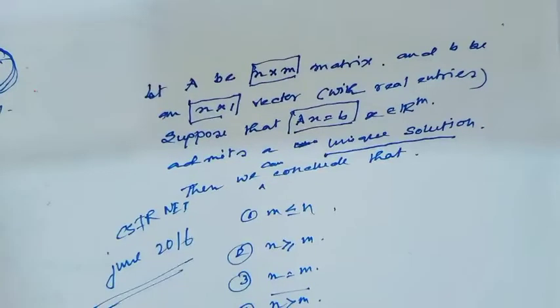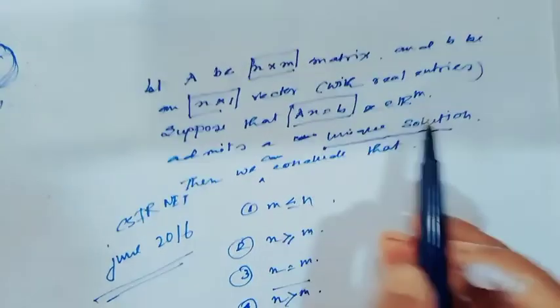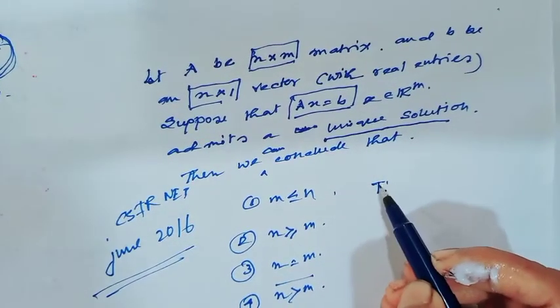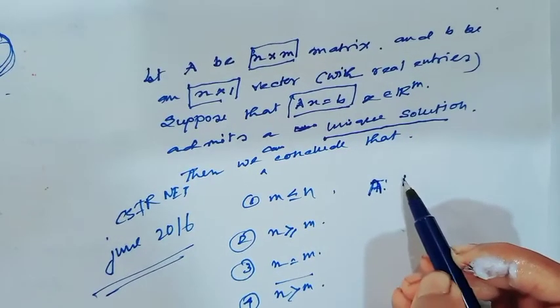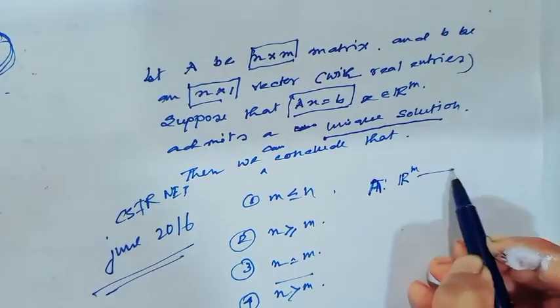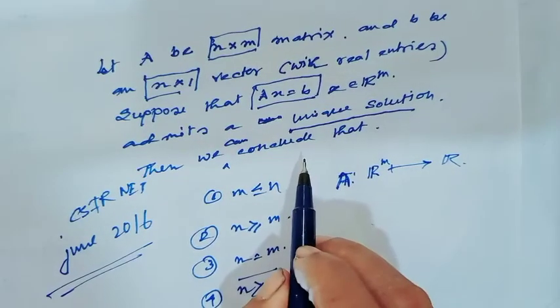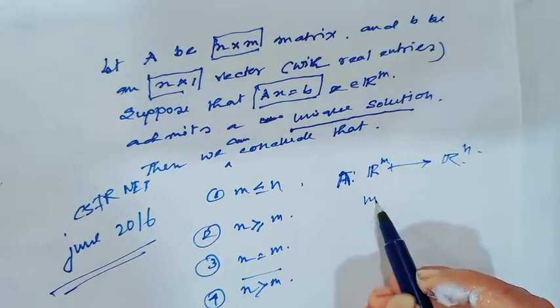This is obviously a very easy type of question. Here A is an n cross m matrix. That means there exists a linear transformation, denoted as A, from Rm to Rn. And here the solution is a unique solution.